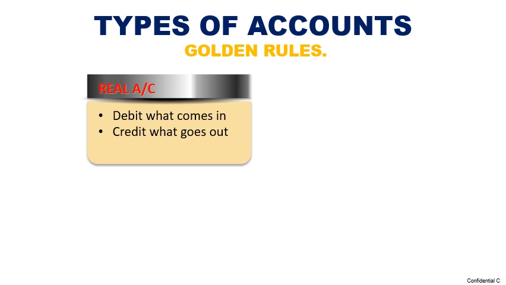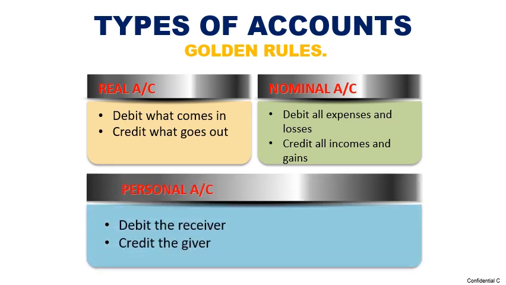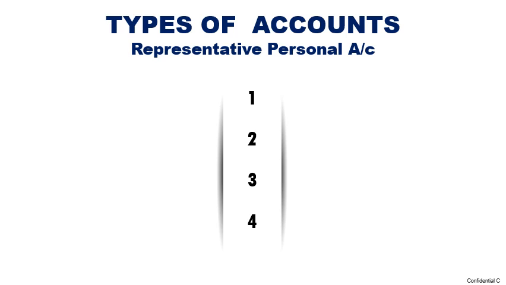The rule for nominal account is debit all expenses and losses, credit all income and gains. The rule for personal account is debit the receiver, credit the giver.